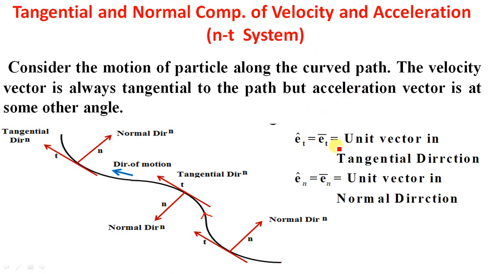So et is the unit vector in the tangential direction, and en is the unit vector along the normal direction. Here you just have to remember that in the NT system the normal component of velocity is 0 because velocity is always tangential to the path. So Vt itself is nothing but V.